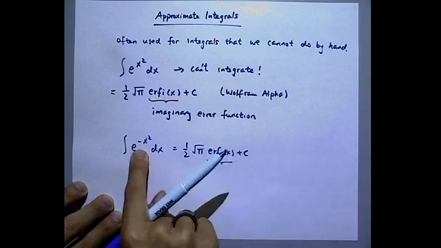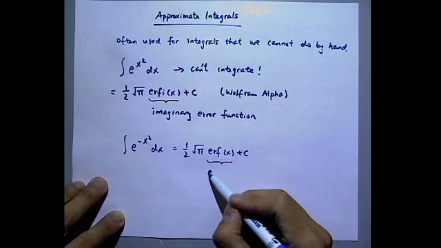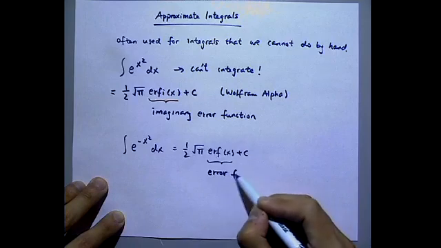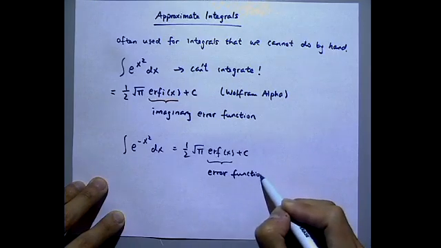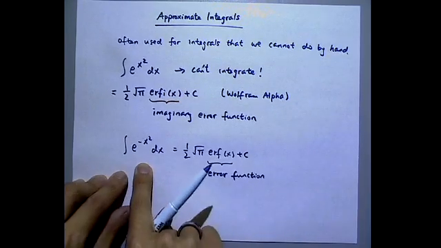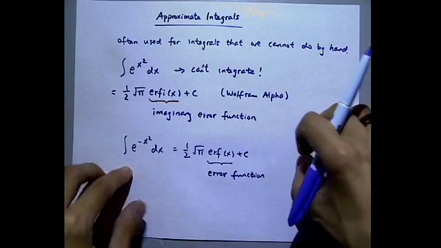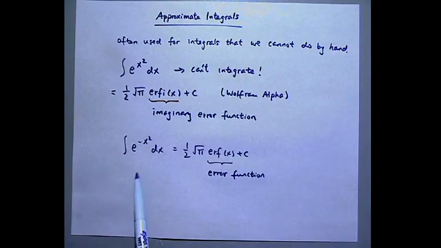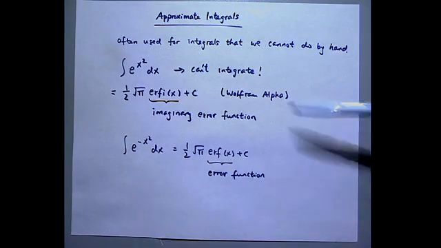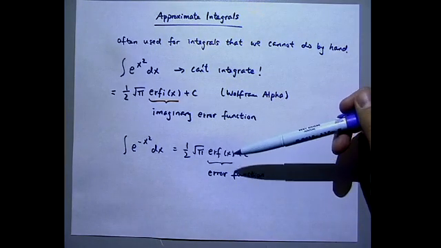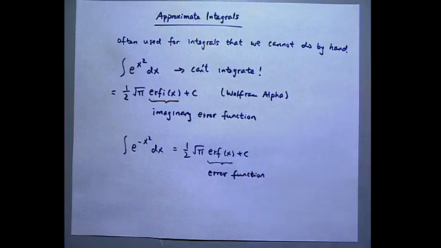And when you integrate e to the minus x squared, this is just a regular error function. Okay, this integral shows up in probability and statistics a lot. So if you ever take a stat course, you'll see this thing all over the place. And you have to deal with this error function, where you've got to look up a table. Okay.